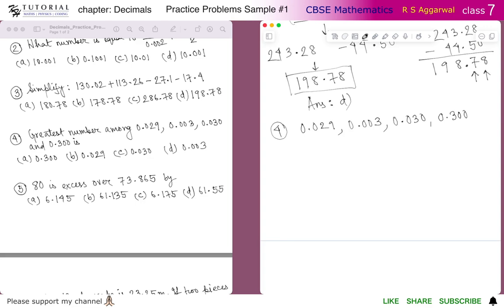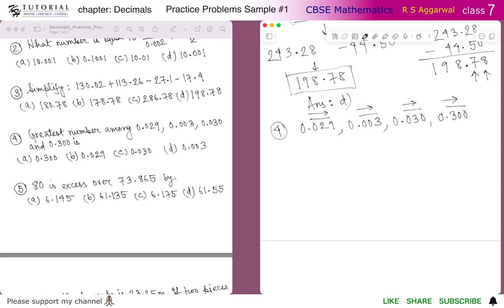So we can see the whole part in all these decimals is 0. Now we have to compare the decimal part, digit by digit from left to right. First we see that the first digits in the first three decimals are 0, but the first digit in the last decimal is 3.